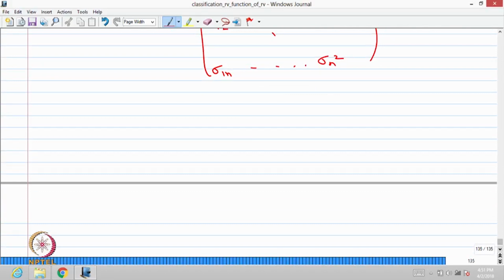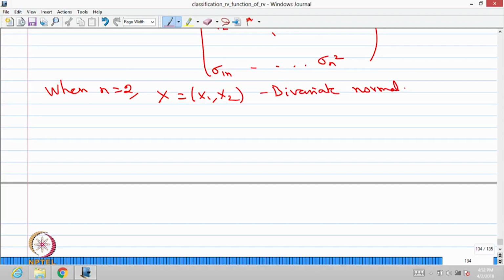For example, when n is equal to 2, X has elements X1, X2, and we call it a bivariate normally distributed random variable, or a bivariate normal distribution.